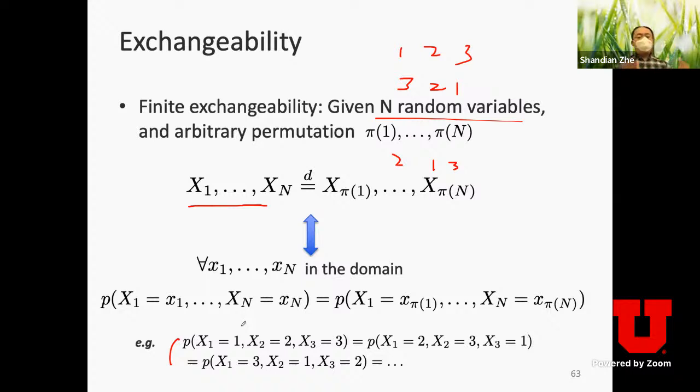If we say the three random variables x1, x2, and x3 are exchangeable, it means the probability that x1 takes 1, x2 takes 2, x3 takes 3 is the same as any permutation of these three values, like 2, 3, 1, or x1 equals 3, x2 is 1, x3 equals 2. As long as those values are just permutations, it doesn't change the joint probability. That is called exchangeability. Any question?